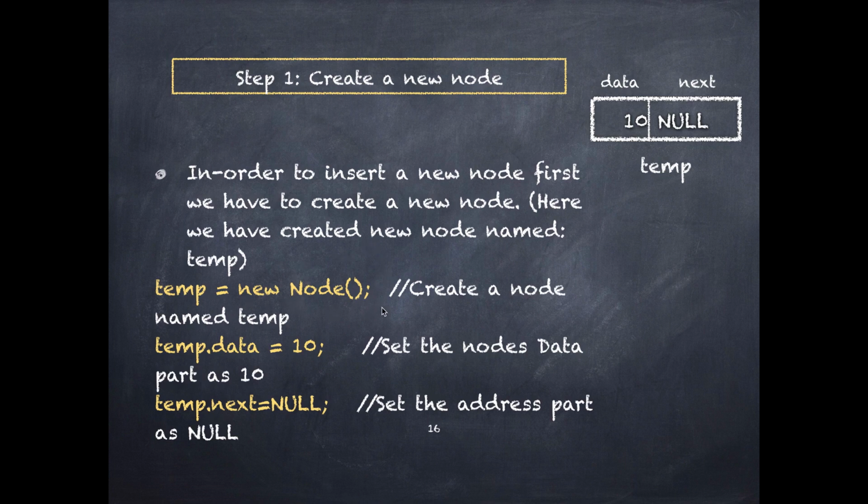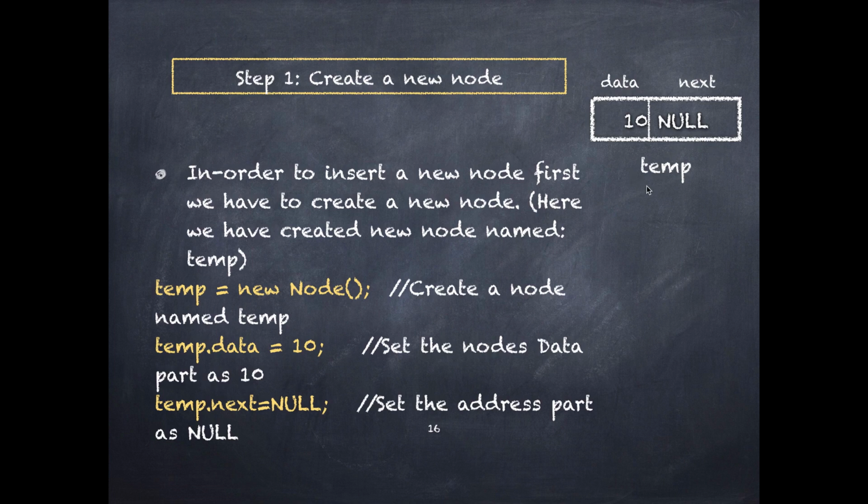This will create a node with the name temp. Then I am setting the data part of the new node, that is temp dot data equal to 10. Then temp dot next is equal to null. Currently it is not pointing to any other node.